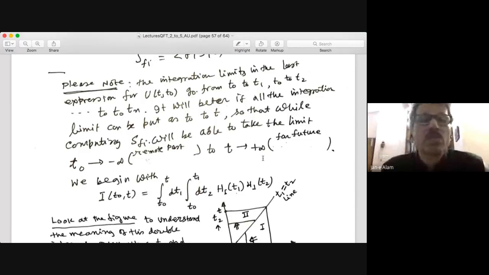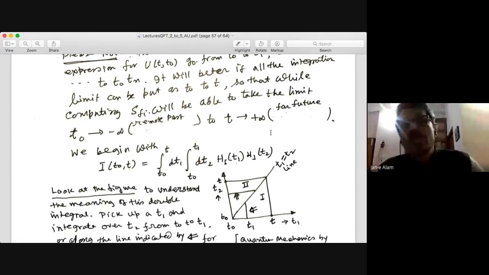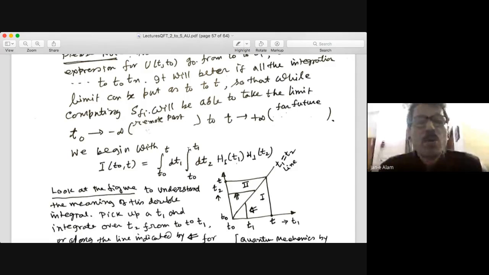What I actually want is that all the lower and upper limits should be the same. I have to do that so that I can go from T0 to minus infinity, the remote past, and T to plus infinity, the far future. If the limits are different, then I have a problem. Now, let us see how to do that.